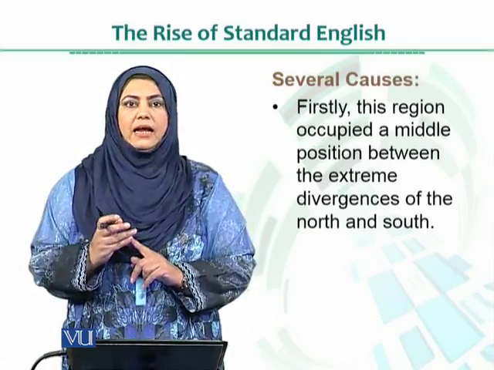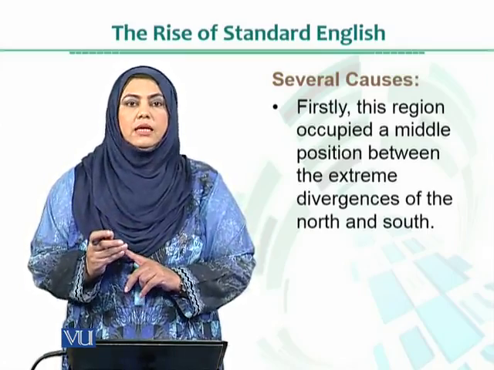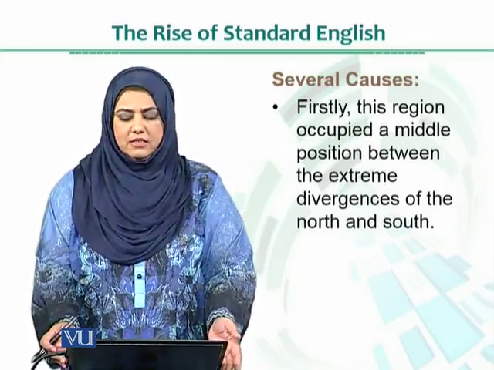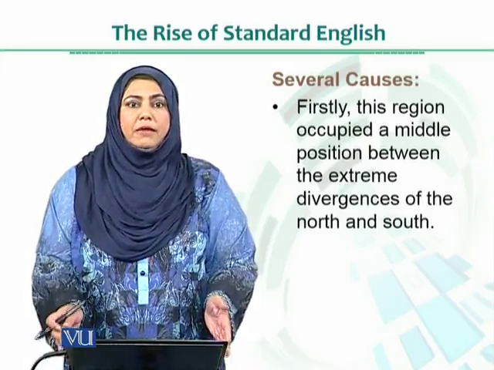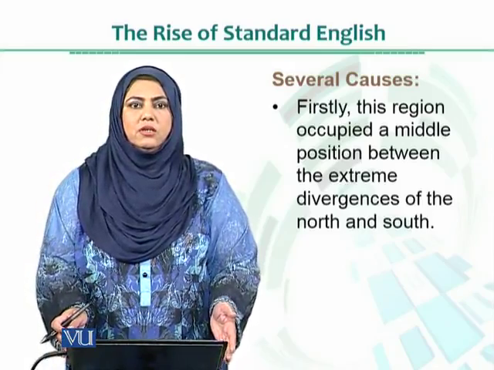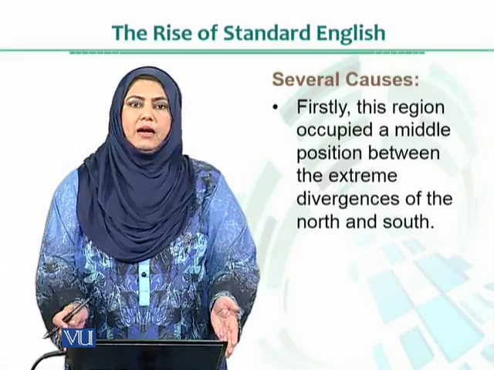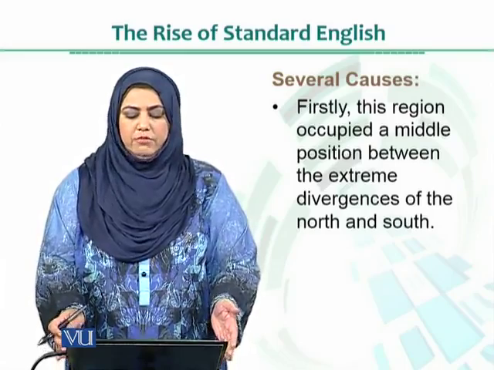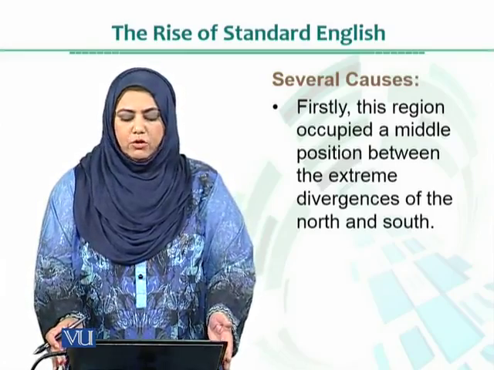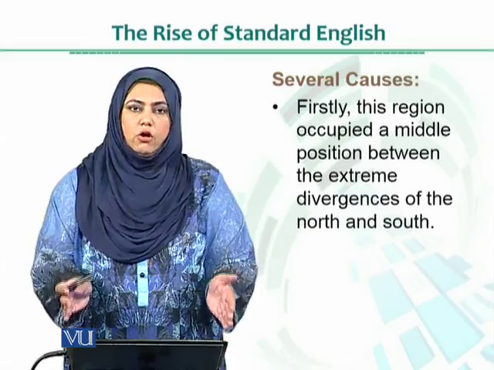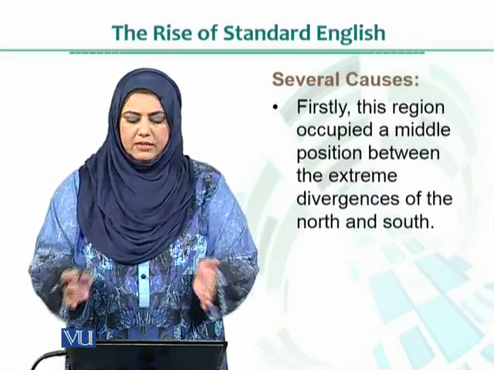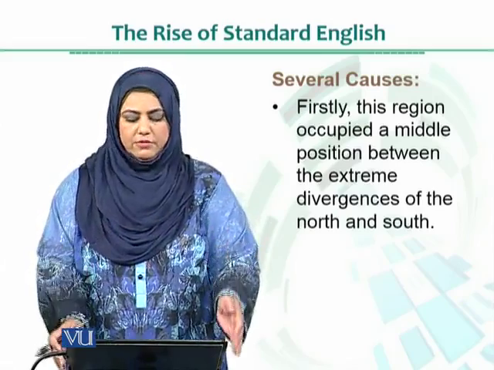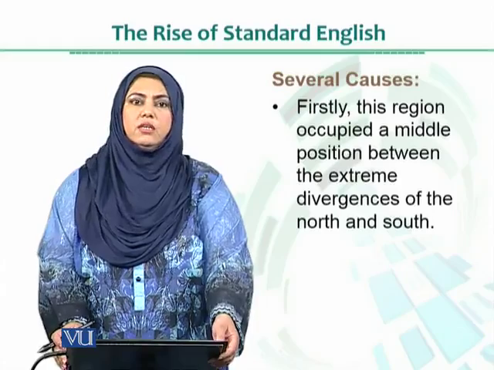The first, and I would say very important cause, is the diversity that we had in England in terms of regions. When we look at the region from where we had this dialect impacting the London choice of language, we notice this was a region that occupied a middle position, in the center, in fact, and thus it was neither at one end nor at the other end of the extremes of north or south.